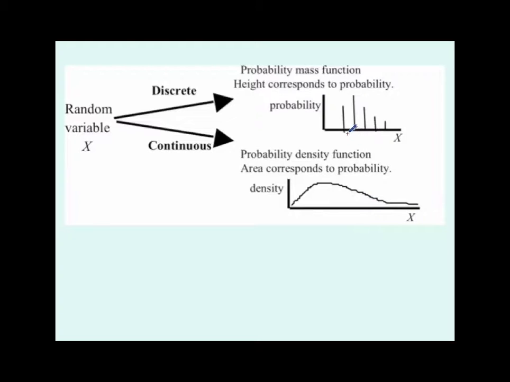Across the x-axis, you've got the values that the random variable can take on, and then the height will be their corresponding probabilities. Notice that you don't have to fill in the bars or anything like that. You just draw a stick. Say the values are 0, 1, 2, 3, and 4 that the random variable can take on, and then the heights of these bars represent the probabilities.